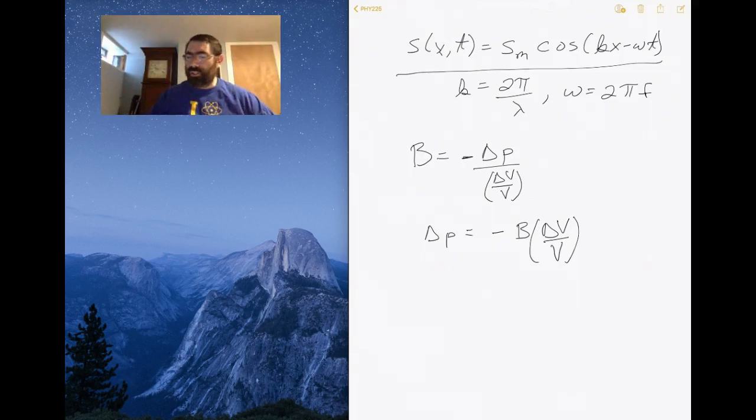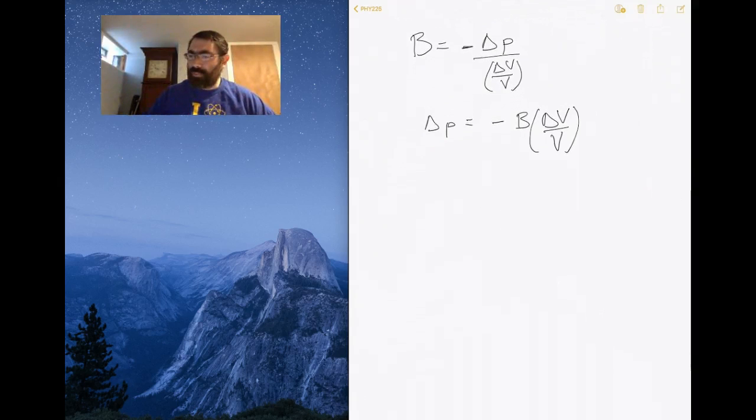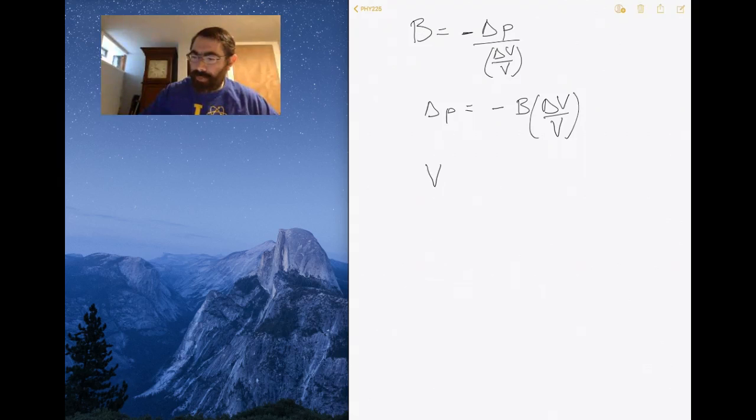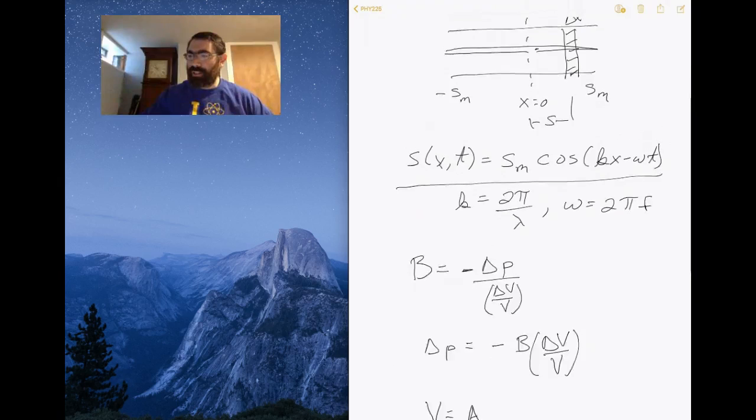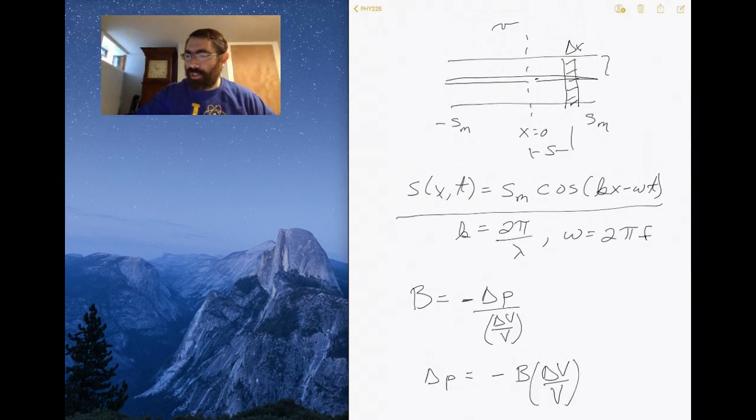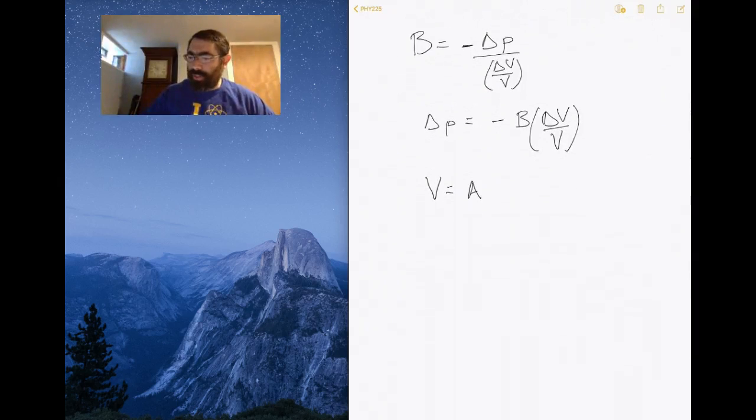So what is that change in the volume? What's the total volume? Well, the total volume, V, is just the area, if we go back, this area right here, A, times its width, delta x.